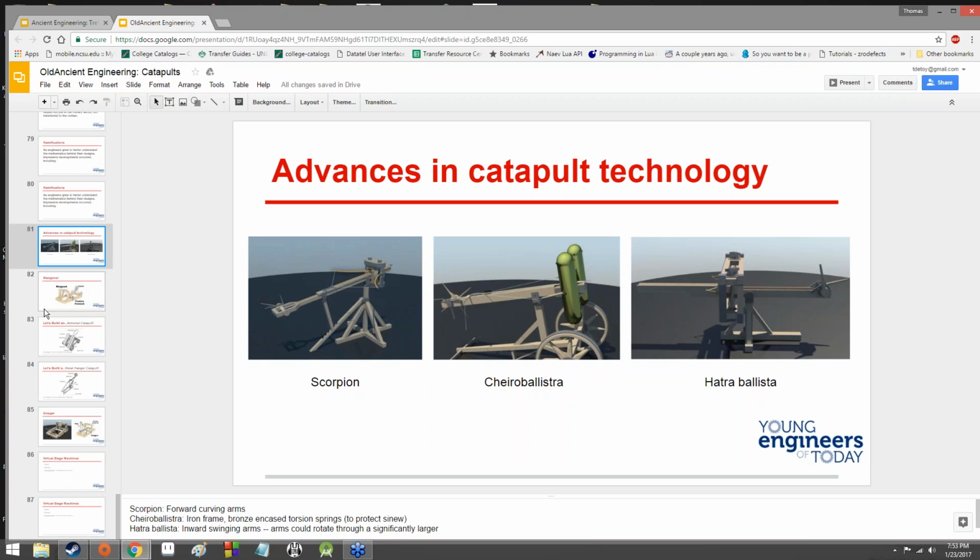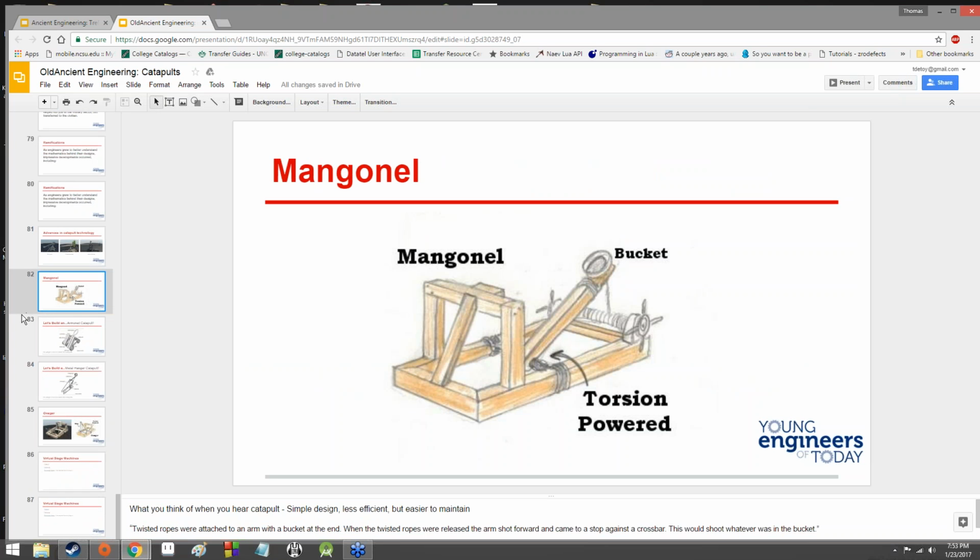All of these ideas were eventually applied to the traditional catapult. Basically, the transference of the torsion energy to a much larger arm, a fulcrum of a much larger arm, and then adding the winch in order to help arm it, meant that they could launch much larger things much further, because a lot of that energy was being transferred to a larger arm.